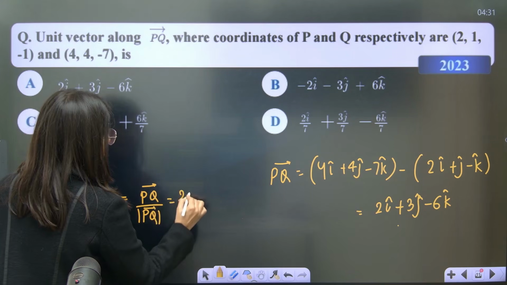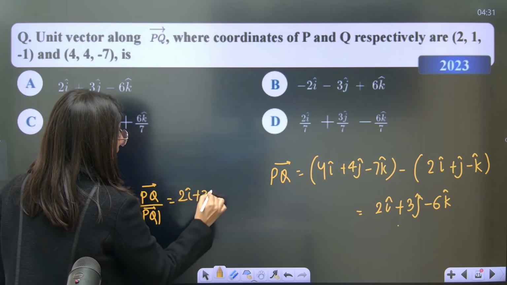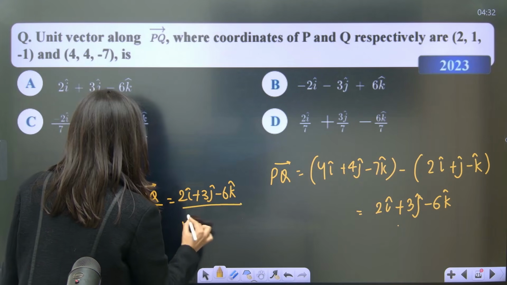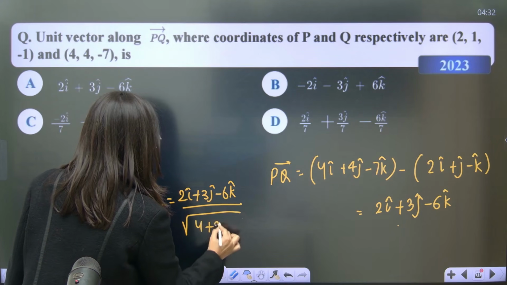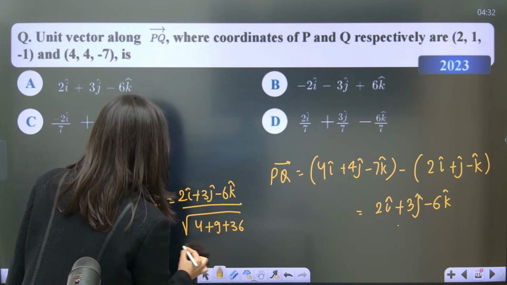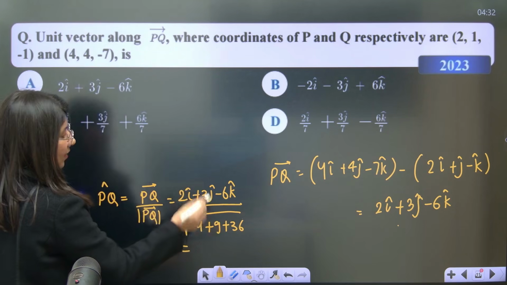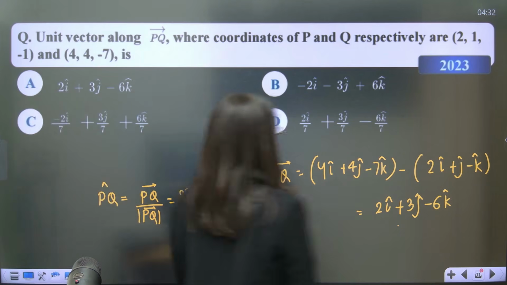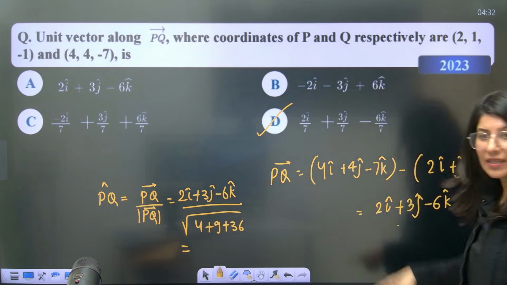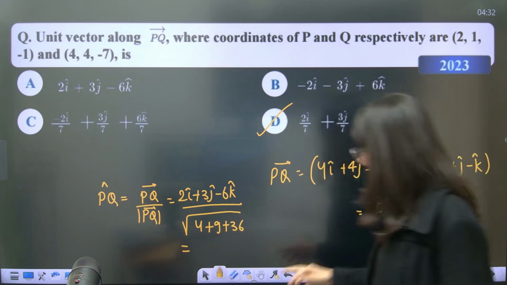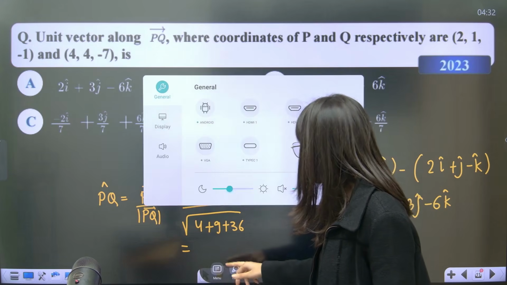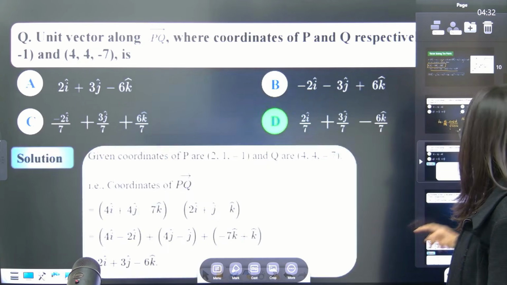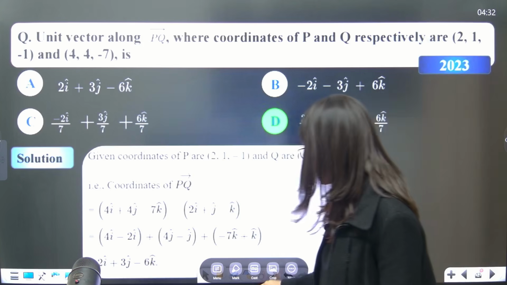This is (2i cap plus 3j cap minus 6k cap) upon the square root of 4 plus 9 plus 36, that is 7 actually. So 2 by 7, 3 by 7, minus 6 by 7, which is sitting in option D. So D is absolutely correct for this question. Have a look at how to do such questions.